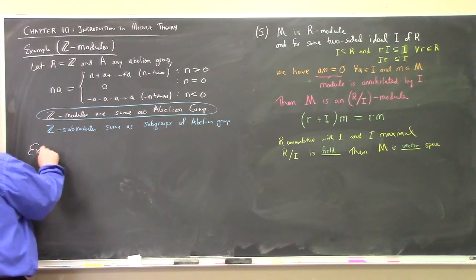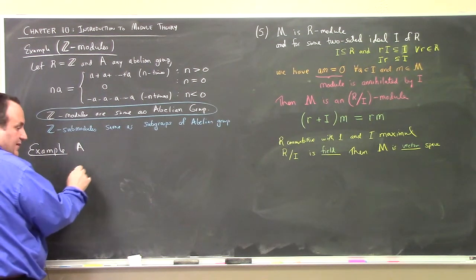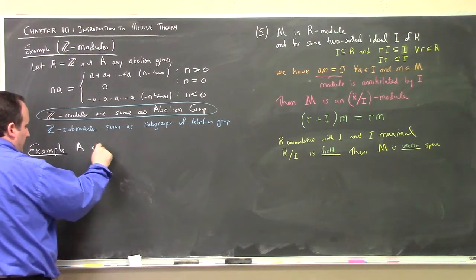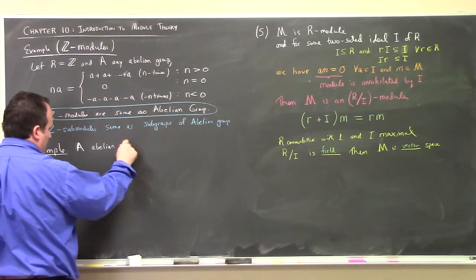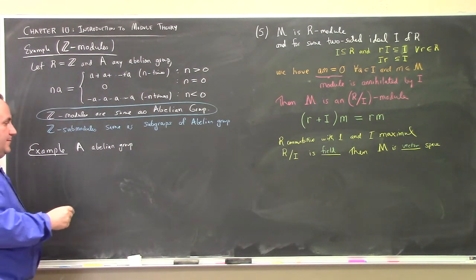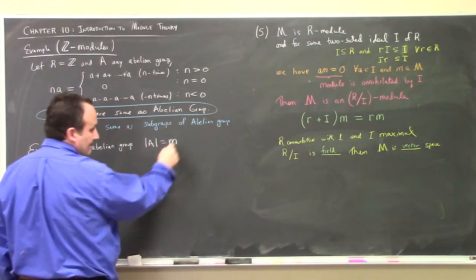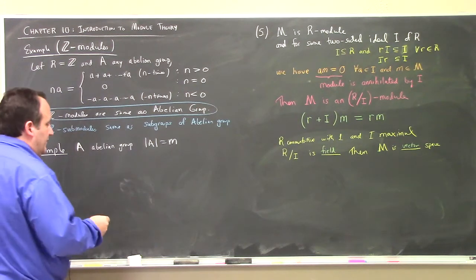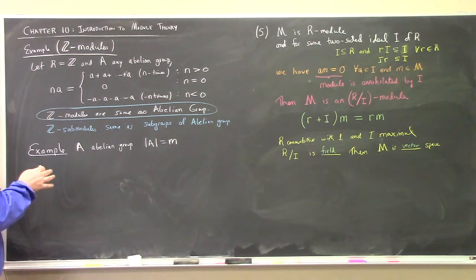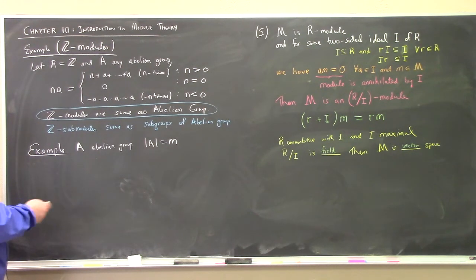Example. Let me write this out. So you have an abelian group A, right? Order of A equals m. Remember that any element of the group raised to the order of the group power is the identity.